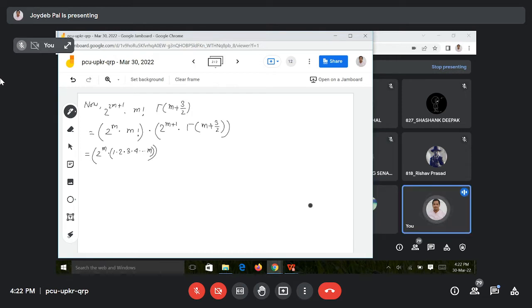Factorial m means 1, 2, 3, 4 up to m, product of this. And this 2 to the power m plus 1 into gamma m plus 3 by 2. Now see, gamma m plus 3 by 2 means gamma of (2m plus 3) by 2. So it is of the form something by 2. Whenever gamma of something by 2 is given, its tail looks like what?